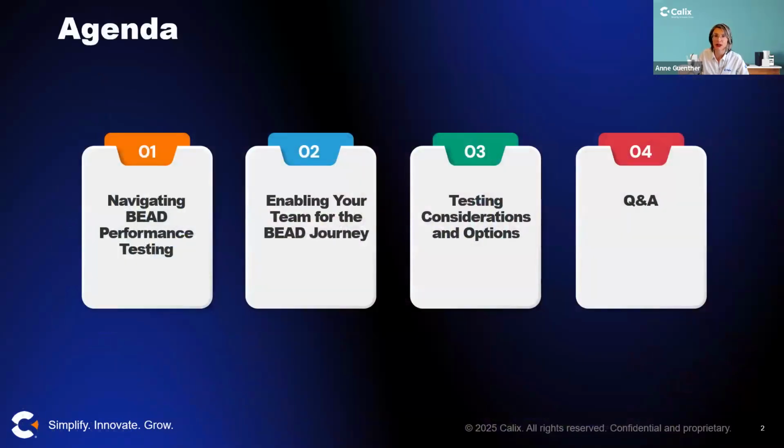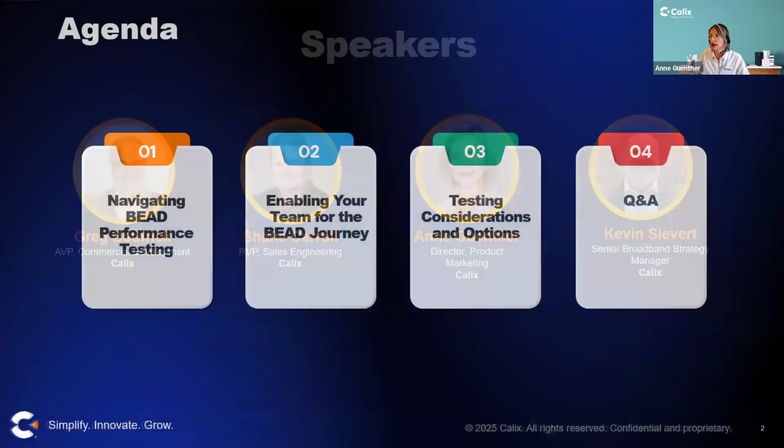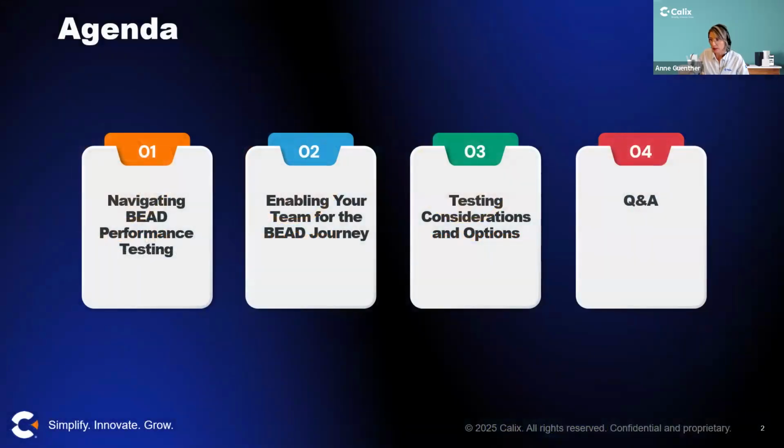Now, as we dive into today's discussion, we'll start with an overview of key considerations for next steps in your BEAD journey with a focus on performance testing requirements. And as part of this, we're going to carve out the differences between FCC and NTIA performance testing requirements and why it's important.